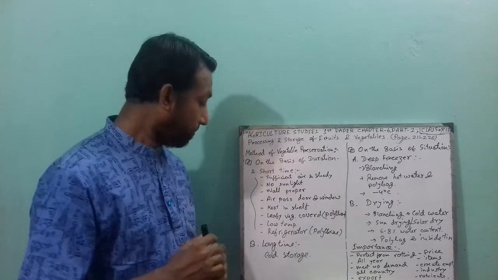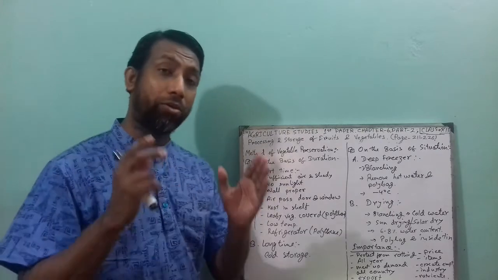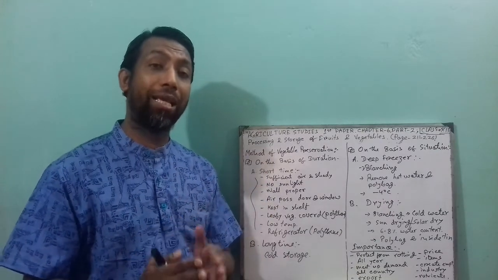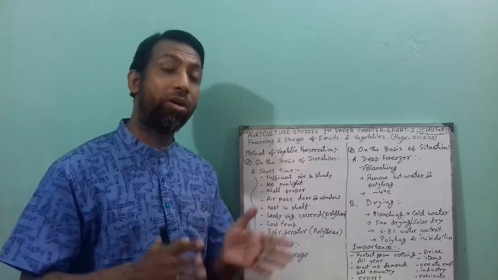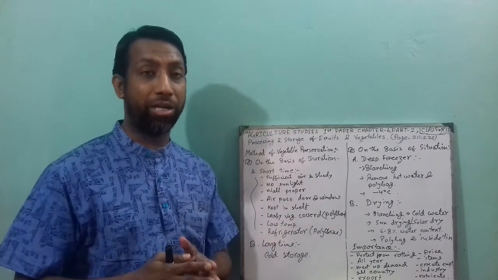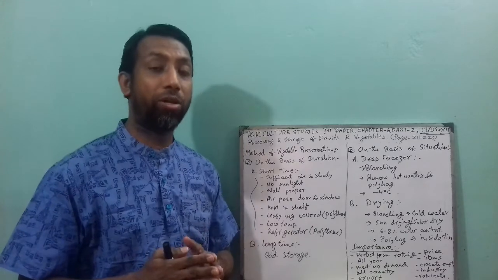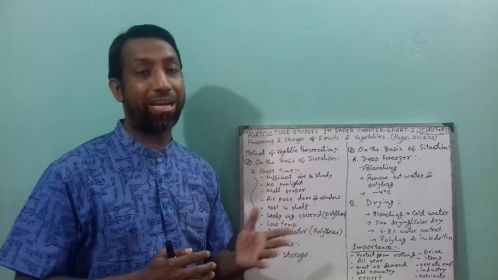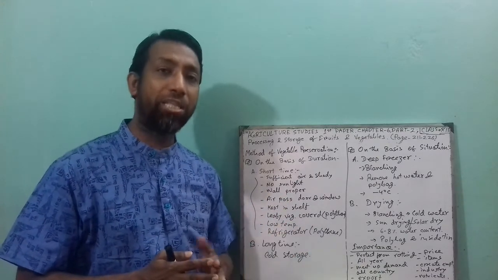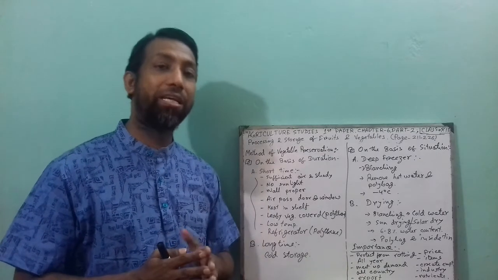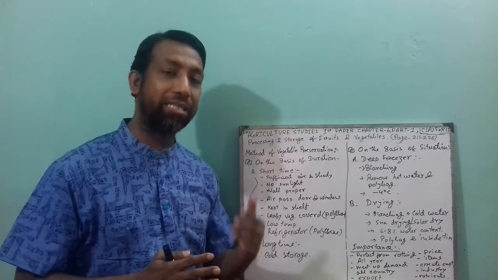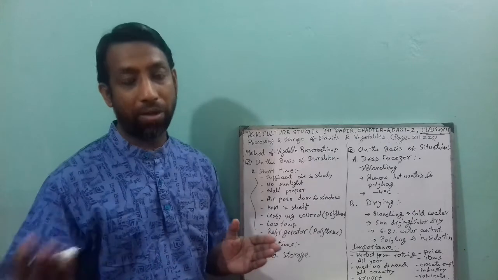And another thing is that not all vegetables require the same temperature or the same humidity. It depends on the vegetables. Some vegetables need minus 4 degrees temperature. Some vegetables need minus 7 degrees Celsius. Some vegetables need 0 degrees Celsius.